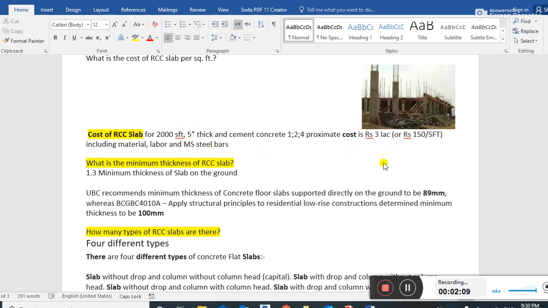The cost is 3 lakhs, including the material, labor and MS steel bars.